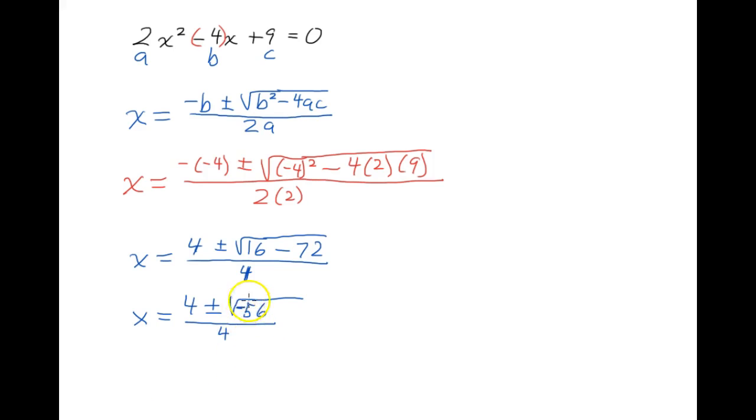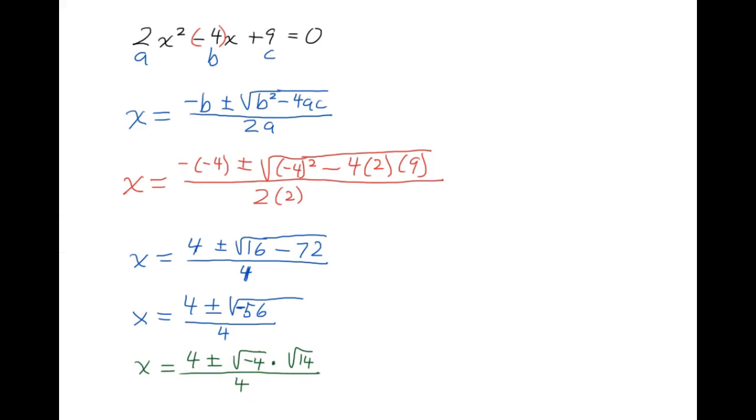Now what I'll do is factor out what's under the radical there. So we have x equals 4 plus or minus the square root of negative 4 times the square root of 14 all over 4.